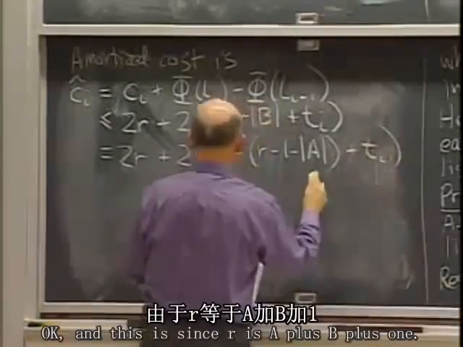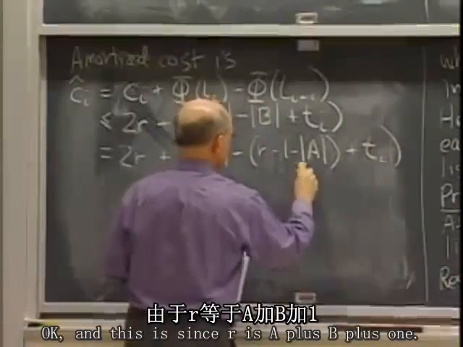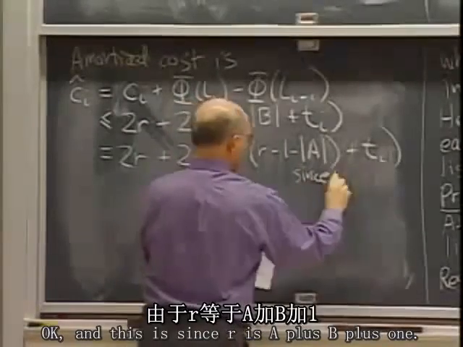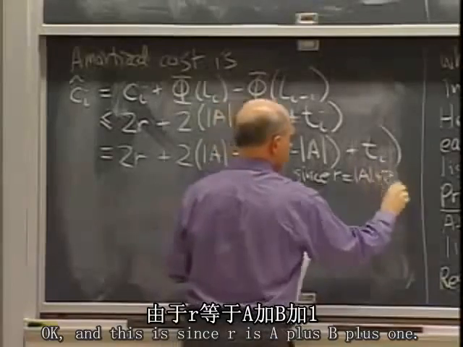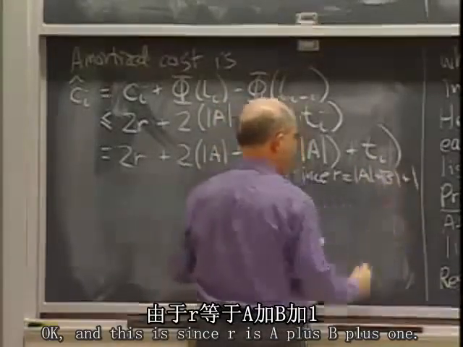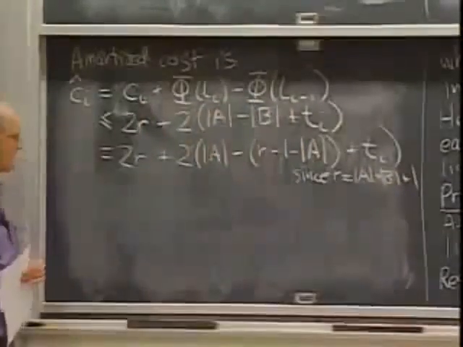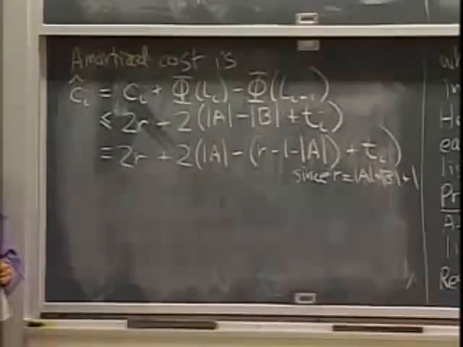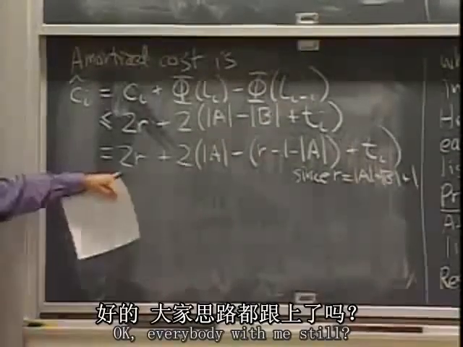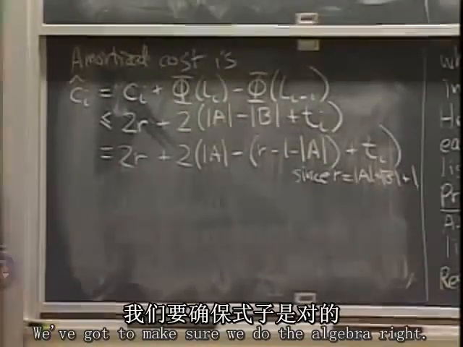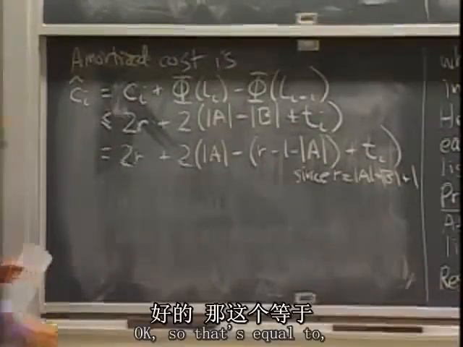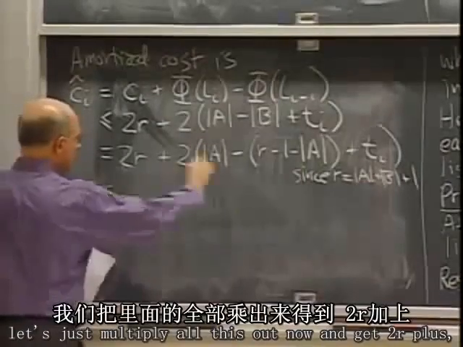And this is since r is A plus B plus 1. Everybody with me still? Just doing algebra, but we've got to make sure we do the algebra right. So that's equal to, let's just multiply all this out now.